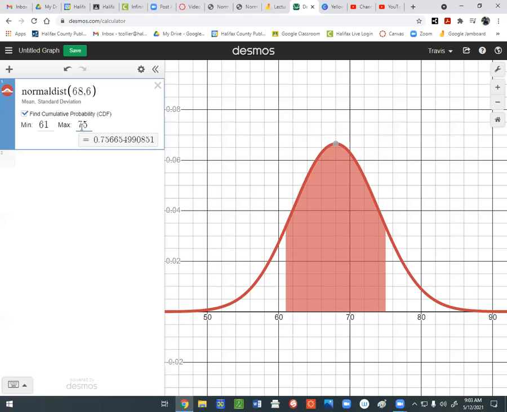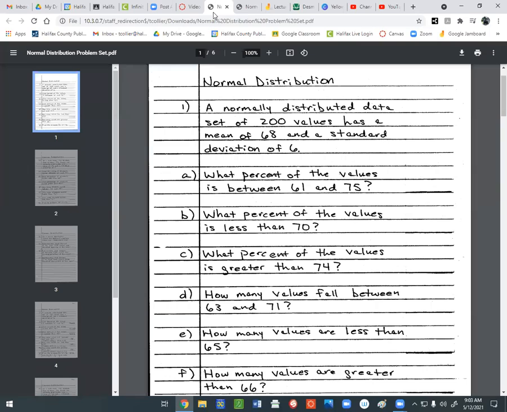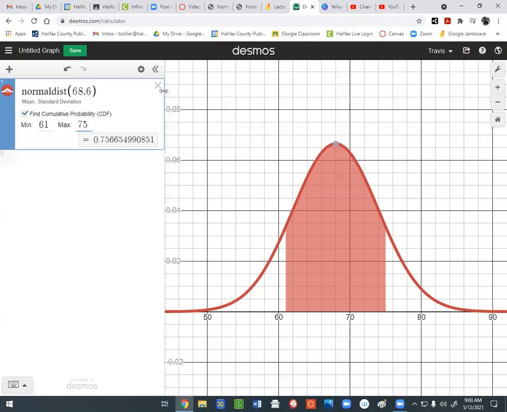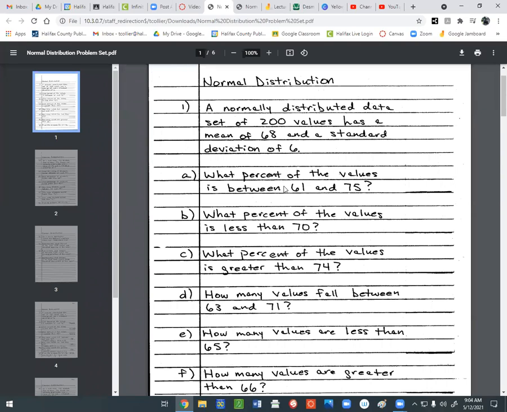Okay, let's look at the next question. What percentage of the values is less than 70? Less than 70. Okay, so looking at the curve right now, I want all the area from 70 down.